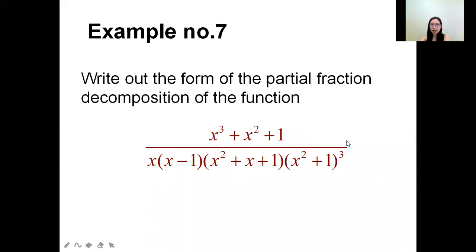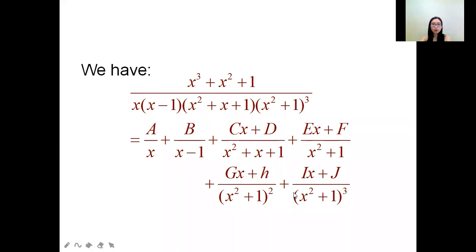So we have a repeated irreducible quadratic function. So we have x cubed plus x squared plus 1 over x times x minus 1 times x squared plus x plus 1 times the repeated irreducible x squared plus 1 cubed.